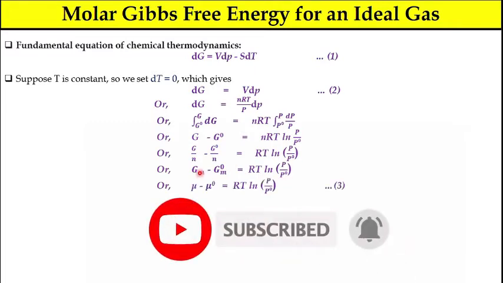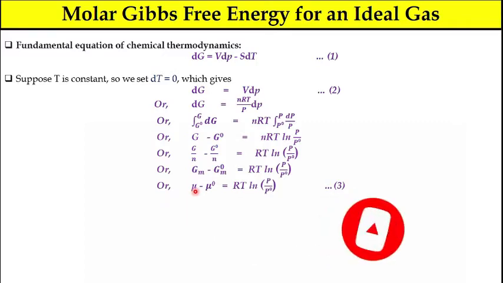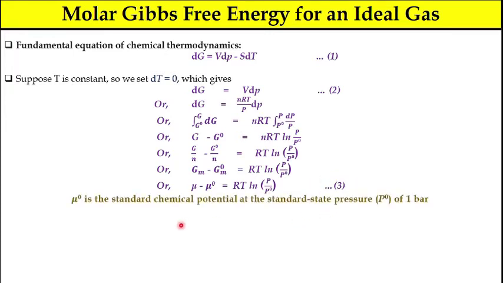And now you know that molar Gibbs free energy means chemical potential. So you can write mu minus mu0 is equal to RT ln P by P0. So this is equation number 3. Here you can see mu0 is the standard chemical potential at standard state pressure P0 of 1 bar.